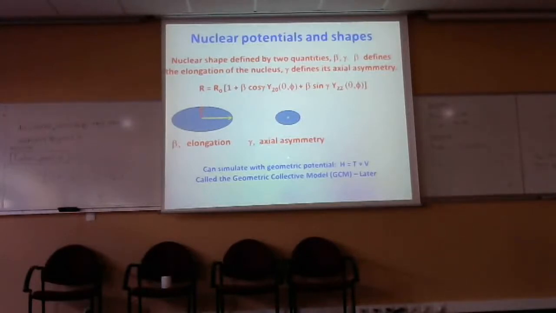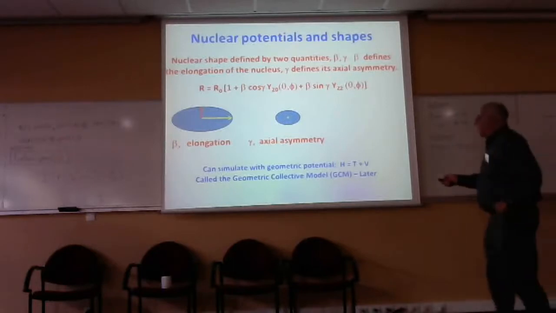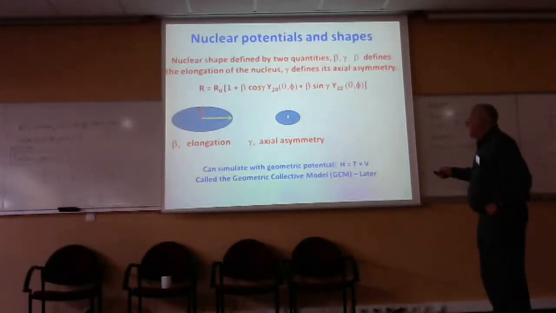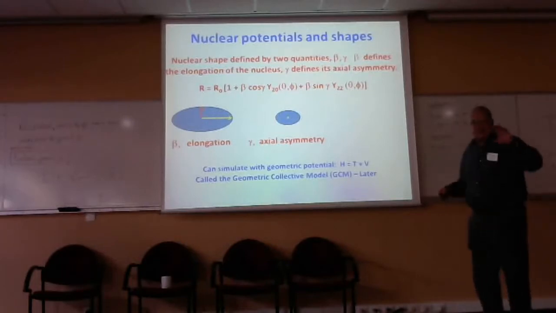Then there's another variable called gamma, which is the axial asymmetry. What I try to illustrate here is, I colored this yellow because I'm looking end on now.